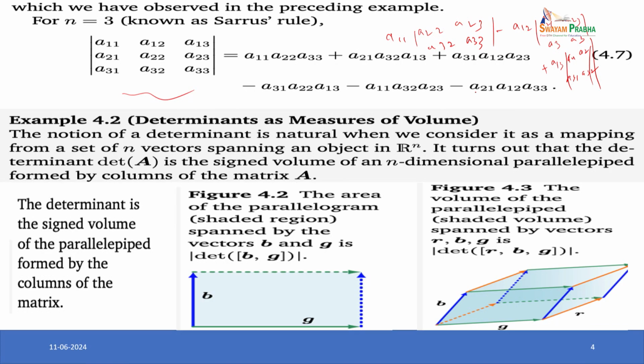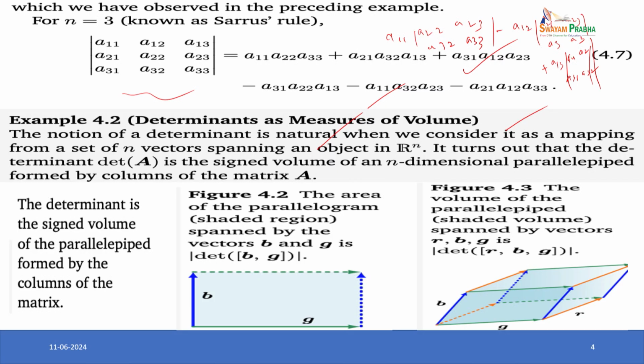This way we can expand it. So, that is the meaning of determinant. Next, we have examples of the determinant as a measure of volume. The notion of the determinant is natural when we consider it as a mapping from a set of n vectors spanning an object in R power n.